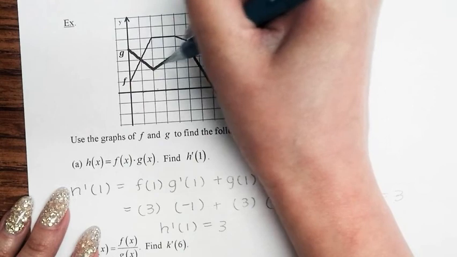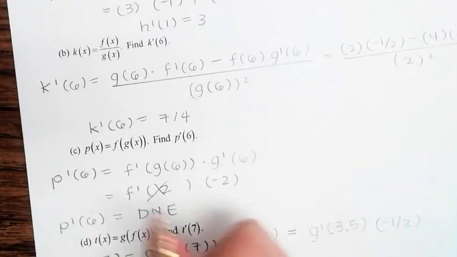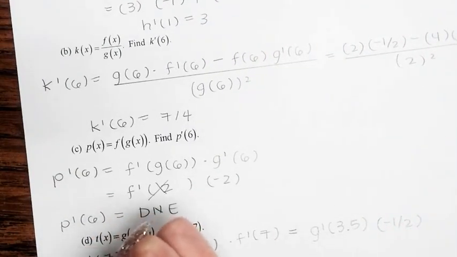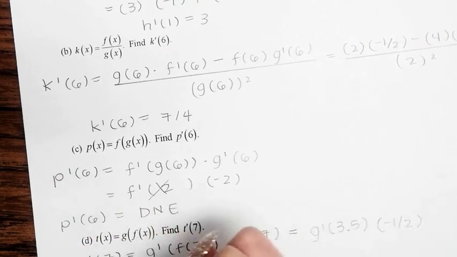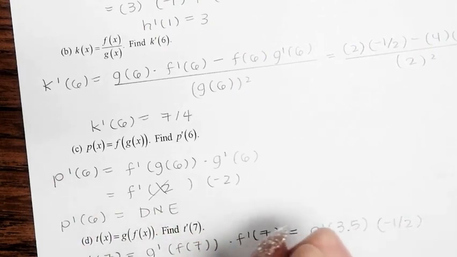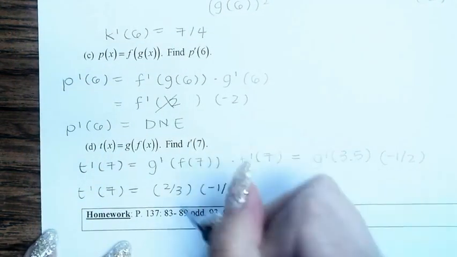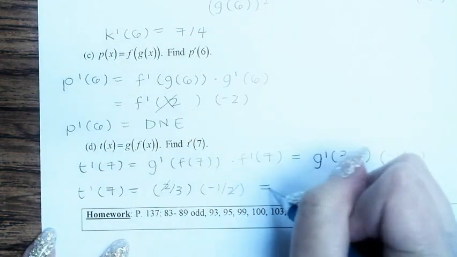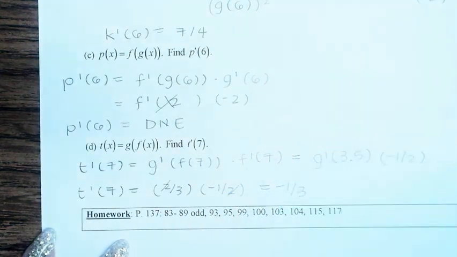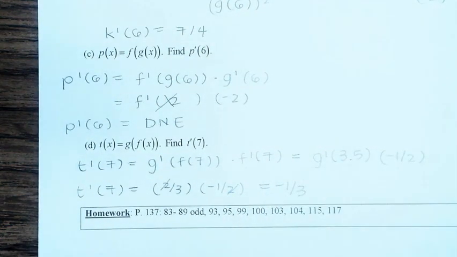That one is increasing by 2/3. So you have that t prime of 7 is equal to 2/3 times negative 1/2. After that you cancel out the 2's, having negative 1/3, and that's pretty much it for this problem.